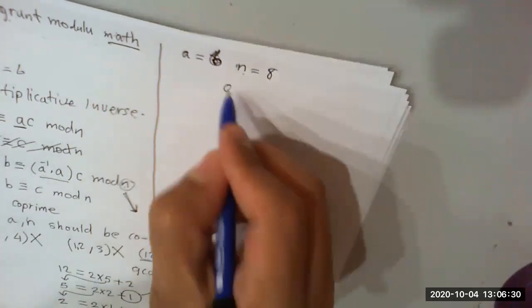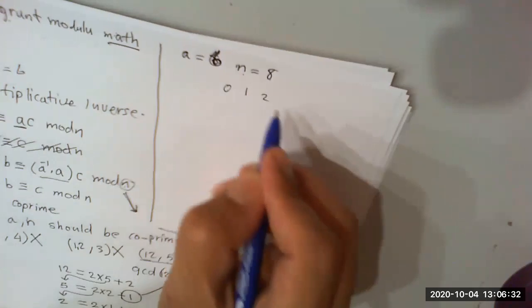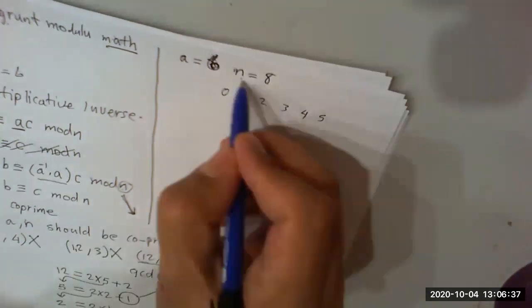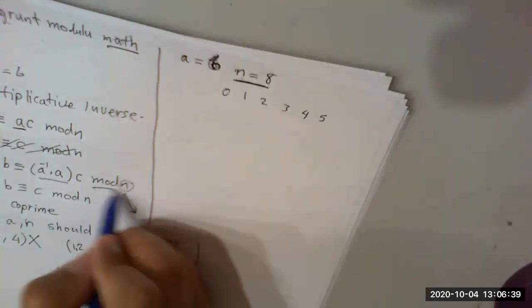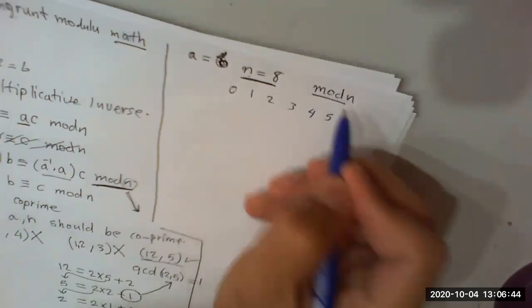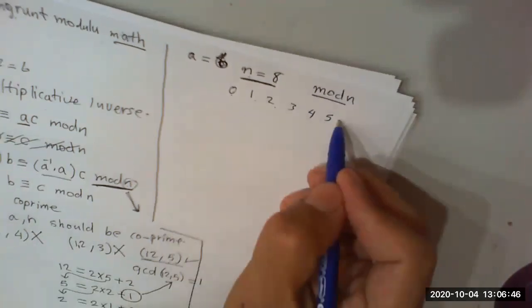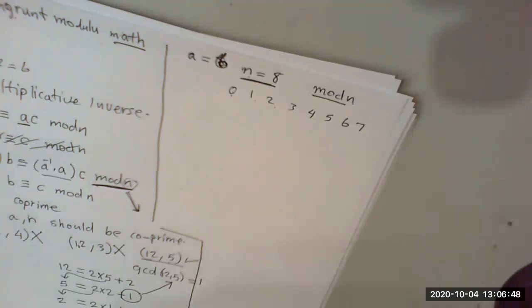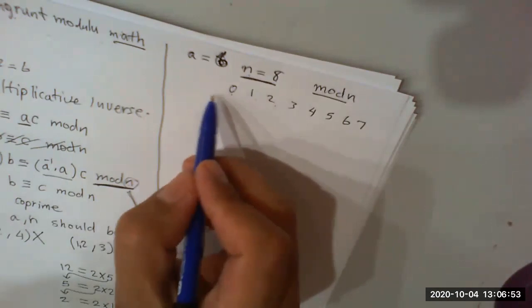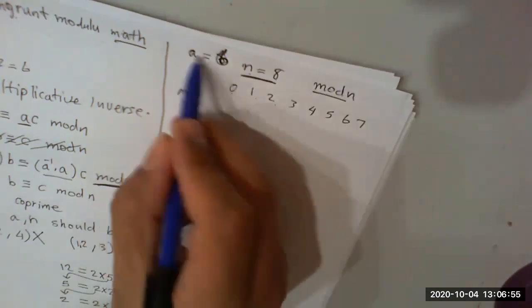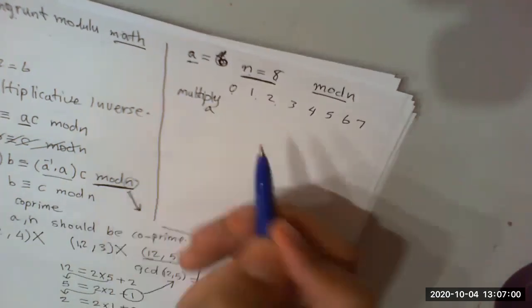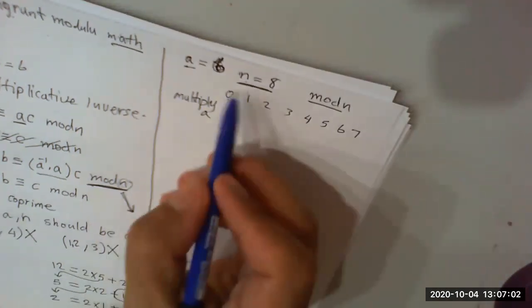And I have these numbers here: 0, 1, 2, 3, 4, 5. You know N is 8, so this is mod N. I have to get 0, 1, 2, 3 until 7, and multiply by A and see the result.